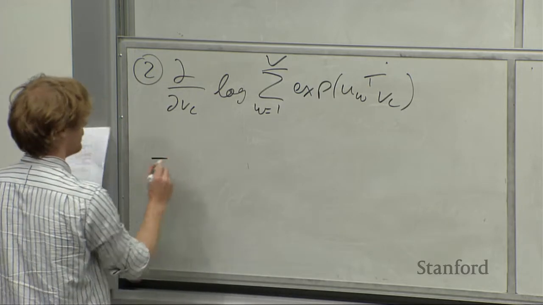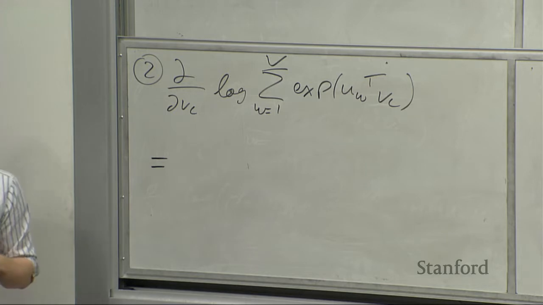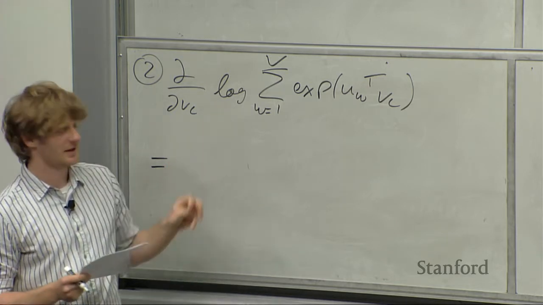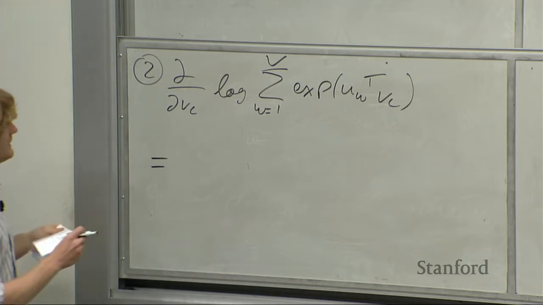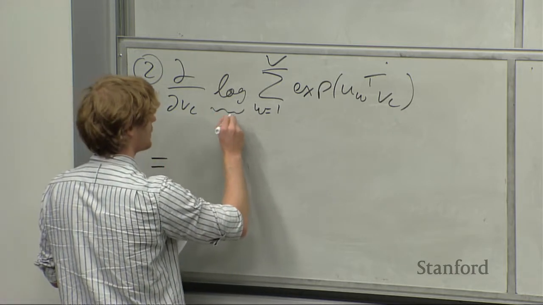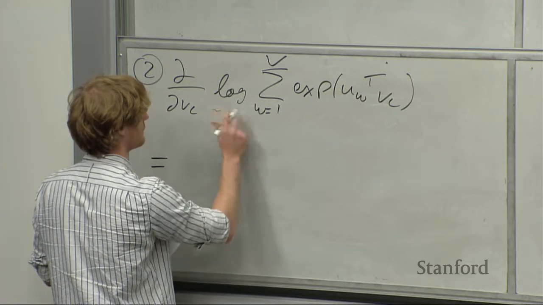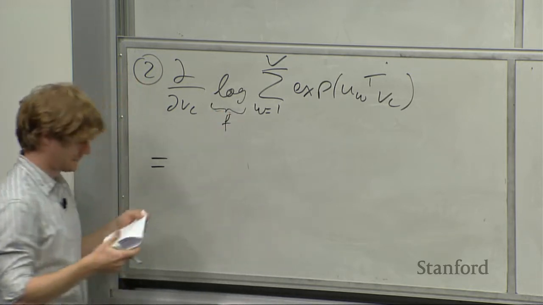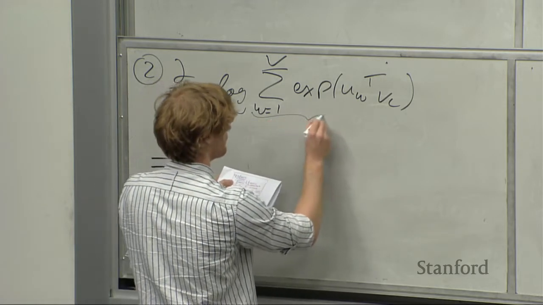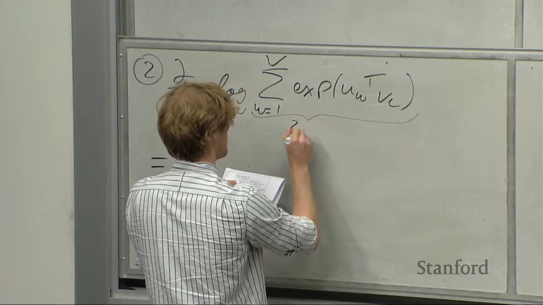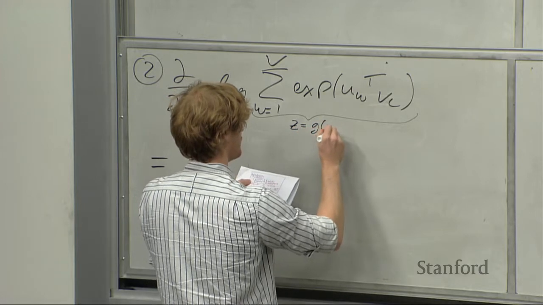Now we want to use the chain rule, and the function that we might want to define here is the log. So let's say we define the log as our f, and we can define this whole thing as z, where we define g of v_c.